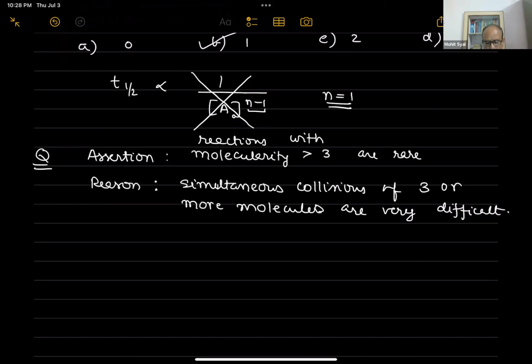Okay, so you need to tell me whether both are true, the first is true or the second reason is true. And if both are true, whether the reason is explaining the assertion correctly or not. So reactions with molecularity more than 3.